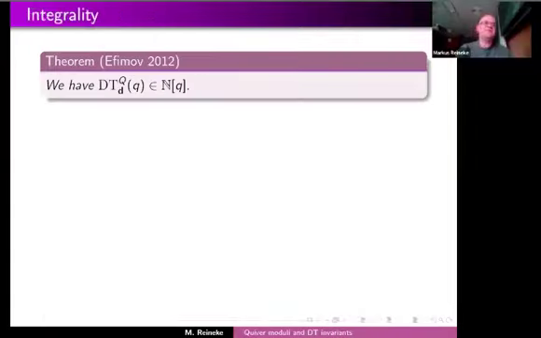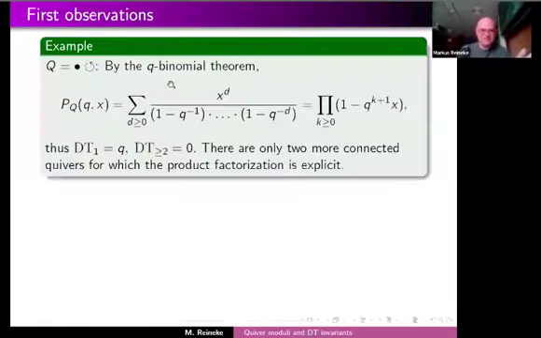So first of all, the first justification was Efimov's theorem from 2012 that these DT invariants, which I defined as formal series with rational coefficients in half powers of Q, are actually polynomials in Q with non-negative coefficients. And this is really, really surprising. I will shortly go back to the definition on the other slides, and then you can really appreciate this theorem. So take this theorem, we get a polynomial with non-negative coefficients. Let's go back to the definition.